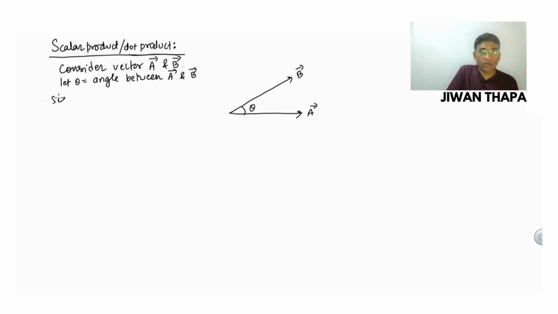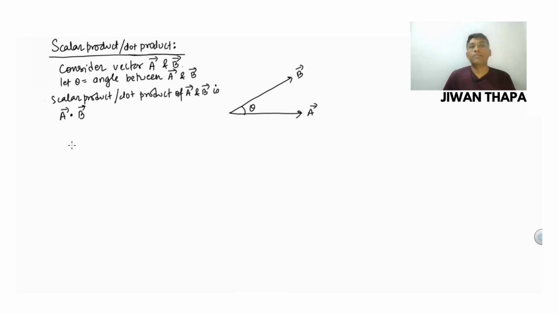Now, the scalar product or dot product of vector A and vector B is given by vector A dot vector B. This is called the scalar product or dot product, and this equals magnitude of vector A, magnitude of vector B cos theta, or we can simply write AB cos theta.